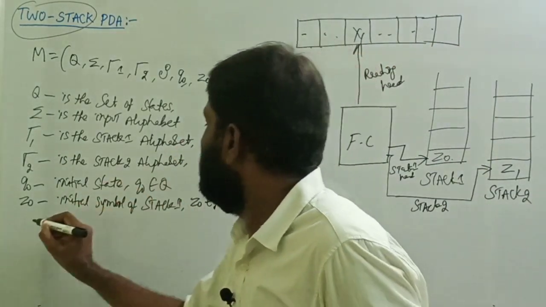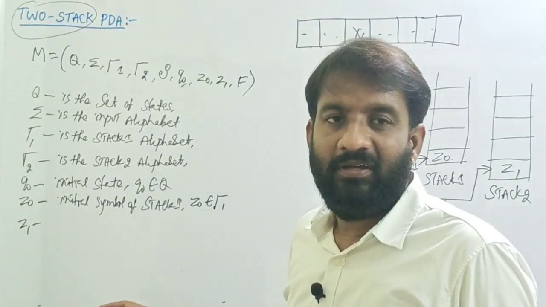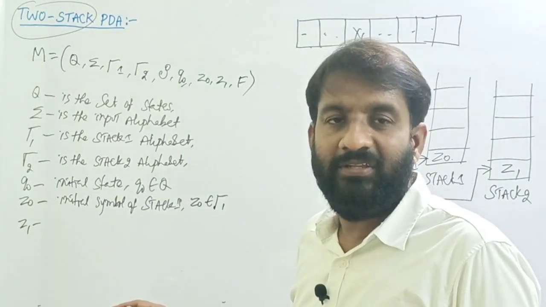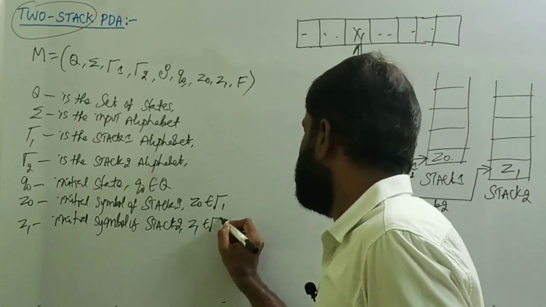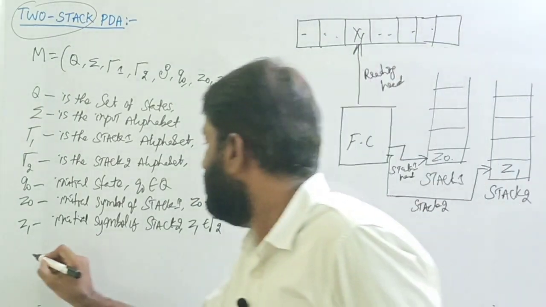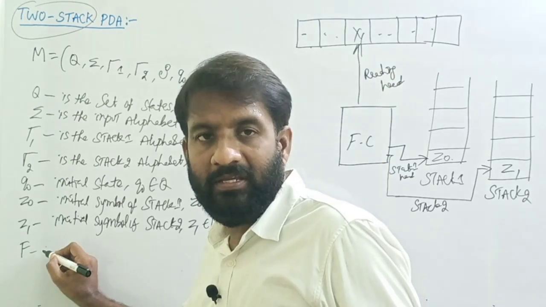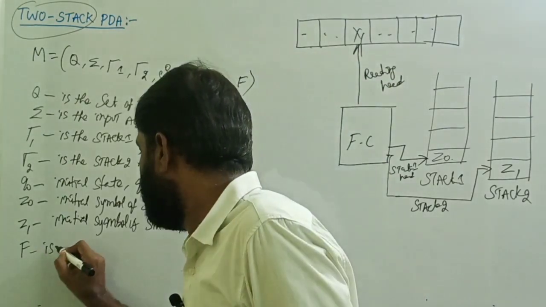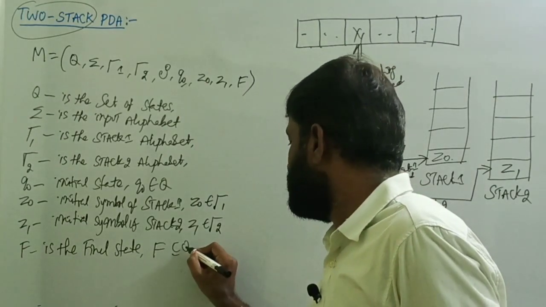And the next one is Z1. It is the initial symbol in stack 2. Z1 belongs to the stack 2 alphabet. Then the last one is F, the set of final states. We write F is a subset of capital Q.